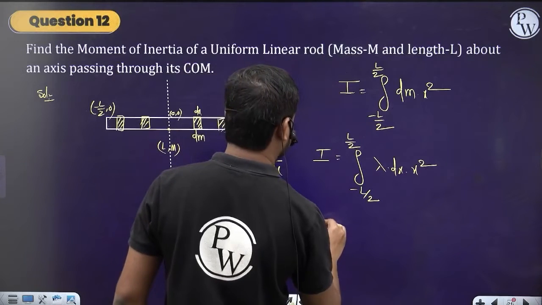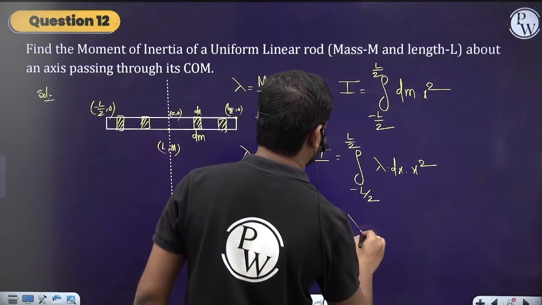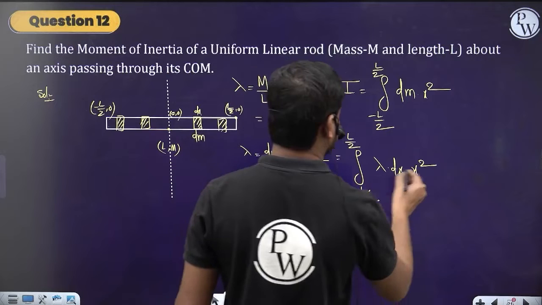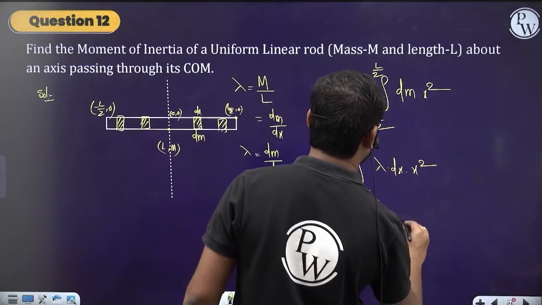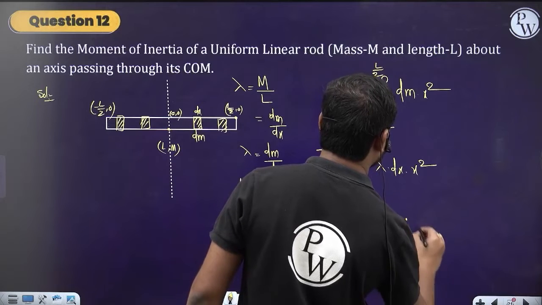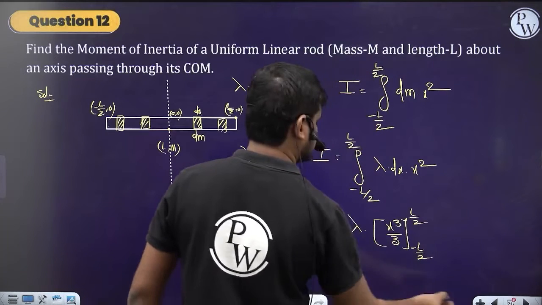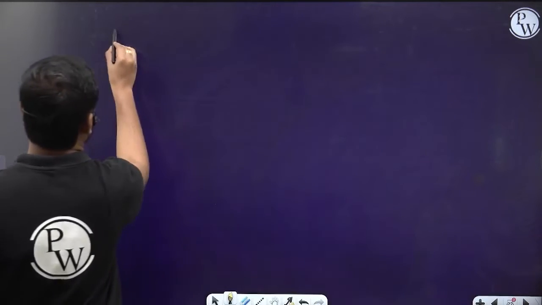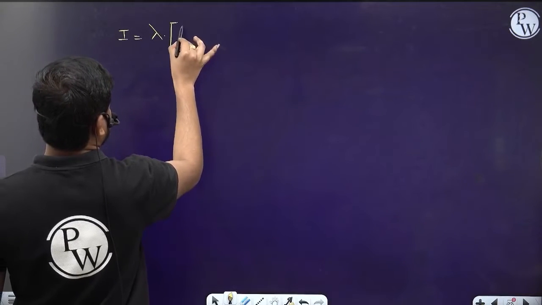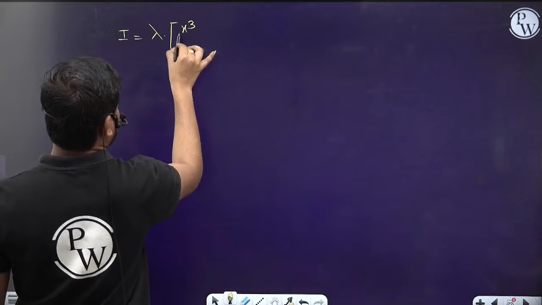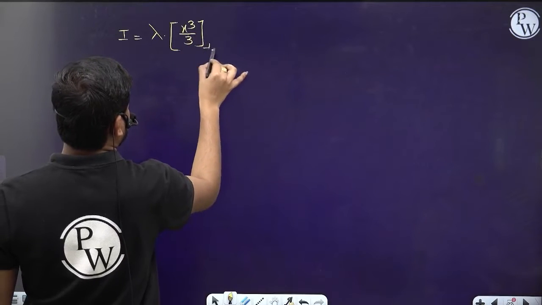Then lambda, take it out. The integration of x square is x cube by 3, from minus L by 2 to L by 2. So I is equal to lambda into x cube by 3 from minus L by 2 to L by 2.